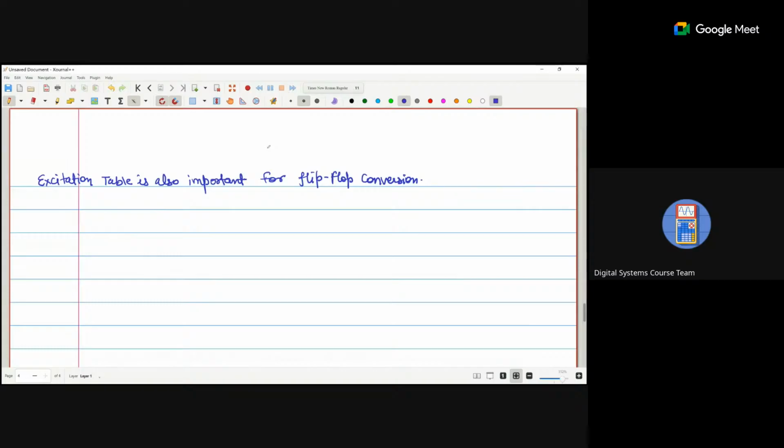What is the meaning of flip-flop conversion? If I want to convert a T flip-flop into a D flip-flop, or a D flip-flop into an SR flip-flop, this type of conversion is also done with the help of the excitation table. That is not in the video lectures. I think we are not going into much detail about this, but this excitation table is important.